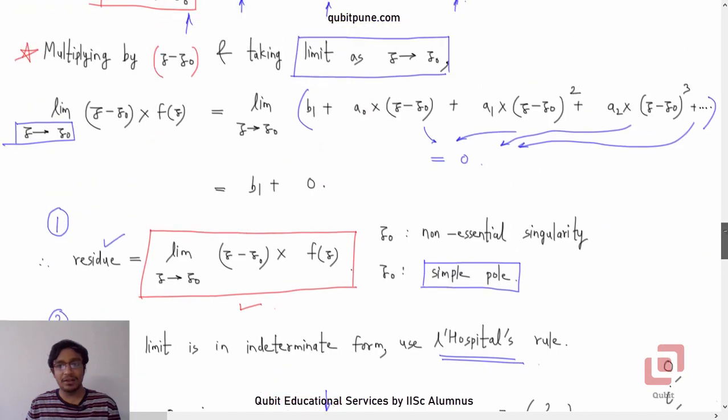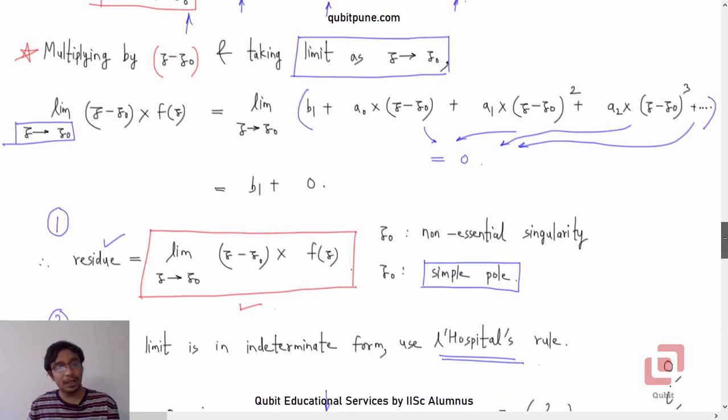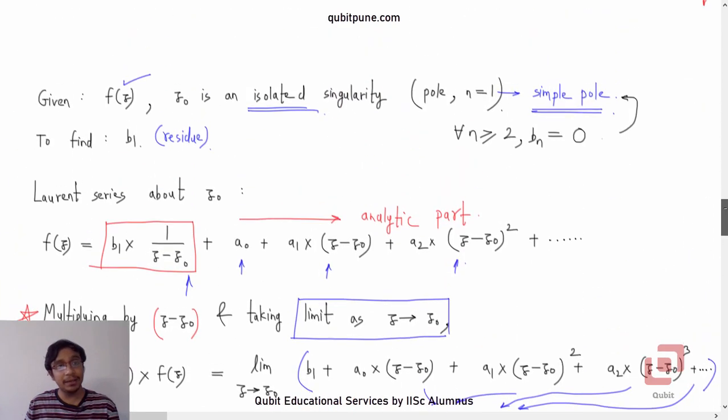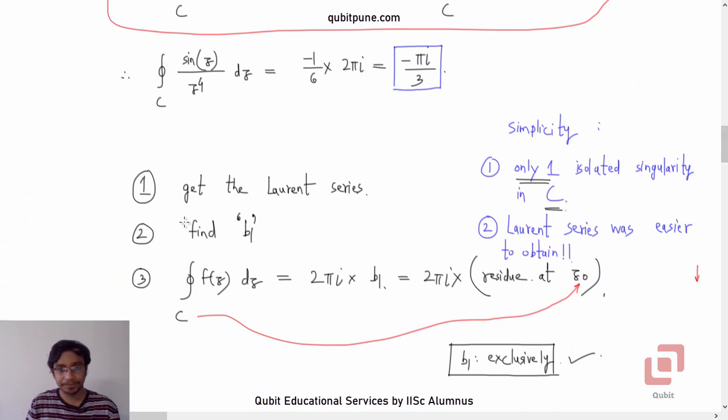We know what the residue is, which is the coefficient b1 of the Laurent series, and more importantly, we know how to actually find the residue indirectly, or implicitly, not by finding the actual Laurent series of the function. And then we also know why we need b1.